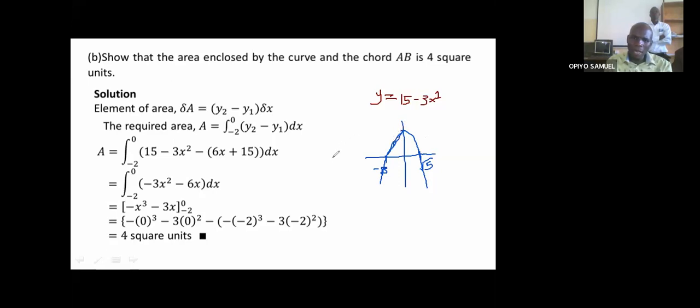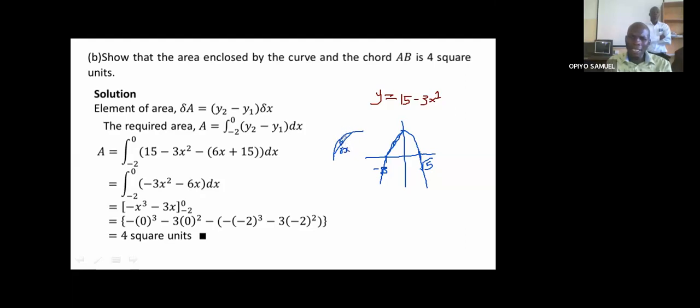So for the required area, let me extract, assuming it is like this. You need to get a small strip along the x-axis. And when we get a small strip there, we can call the width of the small strip delta x, small change in x.